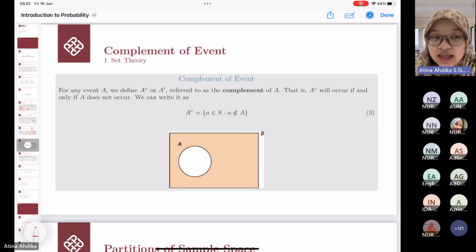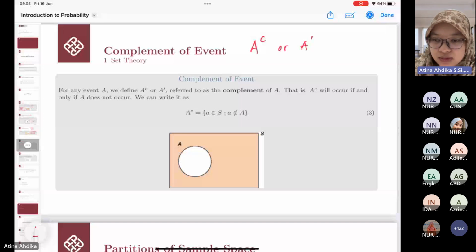If we have event A, then we can define A^c, or A apostrophe, which means the complement of A. So A^c will occur if and only if A does not occur.